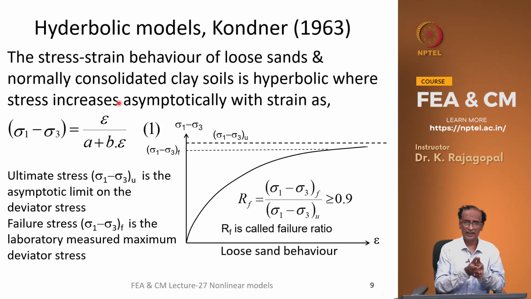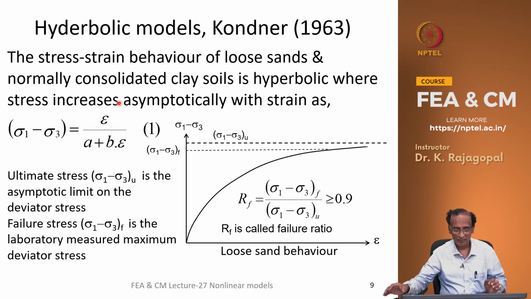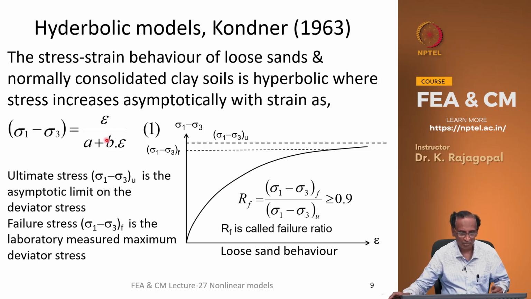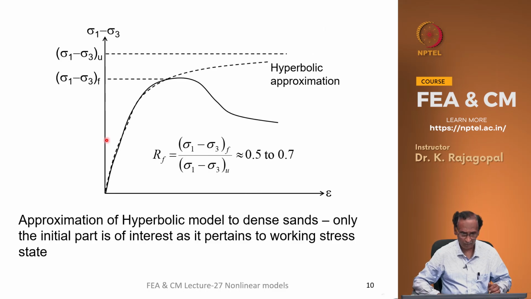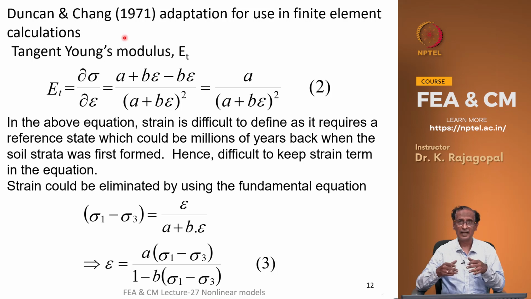Kondner just gave this equation and said that you can represent the stress-strain behavior of loose sands and normally consolidated clays using it, and beyond that he did not go. But in the year 1971, Duncan and Chang took this model and adapted it for finite element analysis.